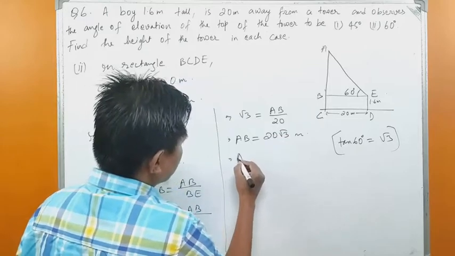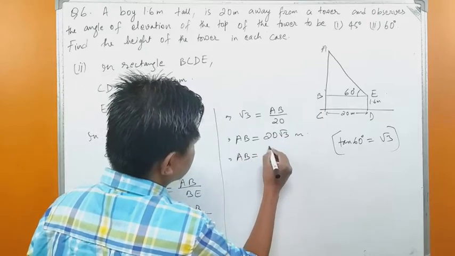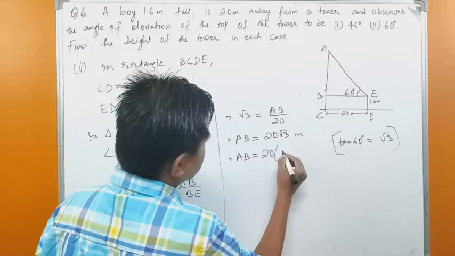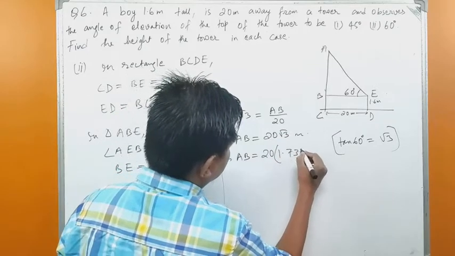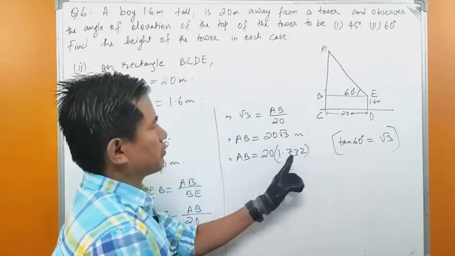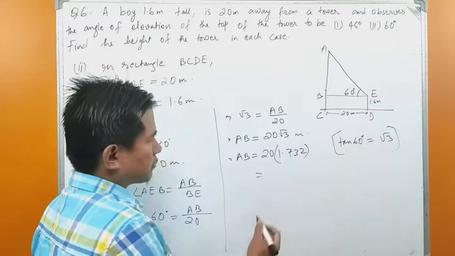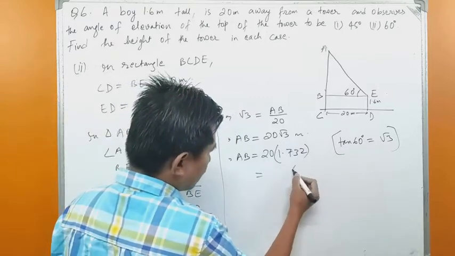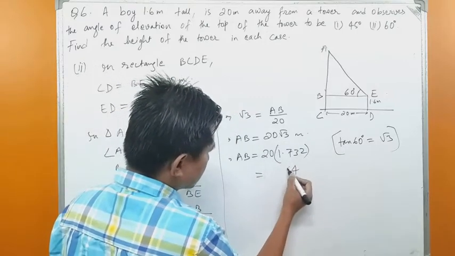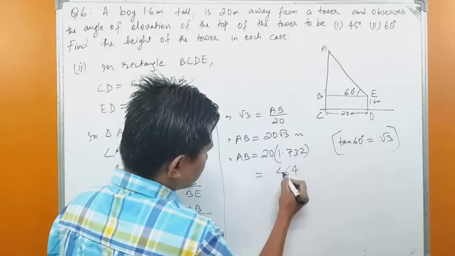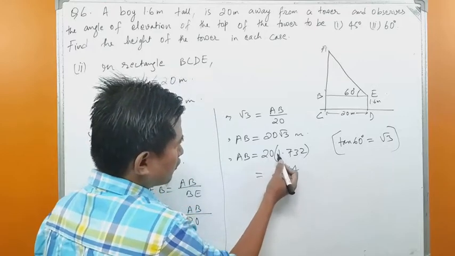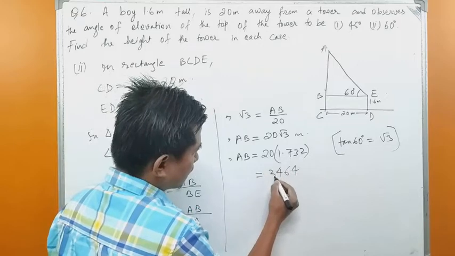Now let us put the value of √3. 20 is here. √3 means 1.732. The value of √3 is 1.732. So let us multiply this. 2 2s are 4, 2 3s are 6, 2 7s are 14, 4, 1 in hand, 2 1s are 2, plus 1, 3.